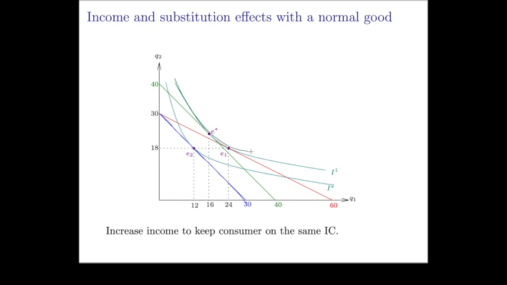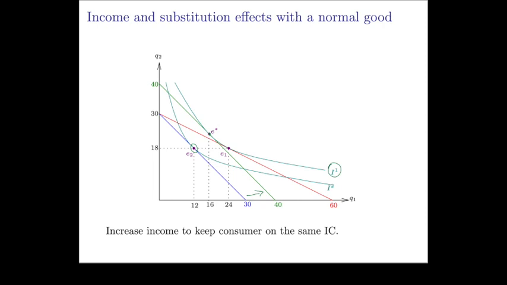Remember, this is the indifference curve that they started out at before the price went up, I1. That's their original indifference curve. What we want to do is increase their budget, increase their income so that they go from this bundle to some bundle that's on the same indifference curve, like E star.